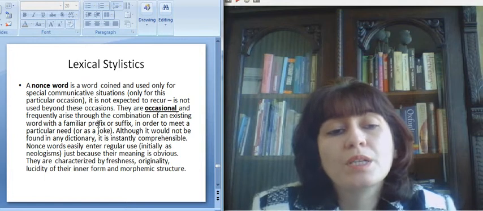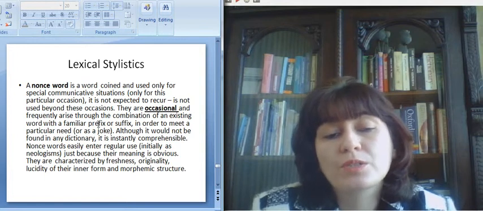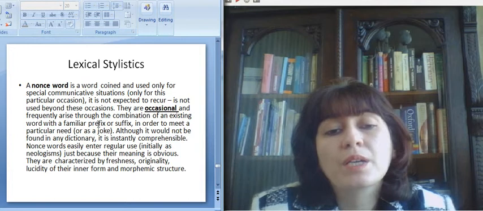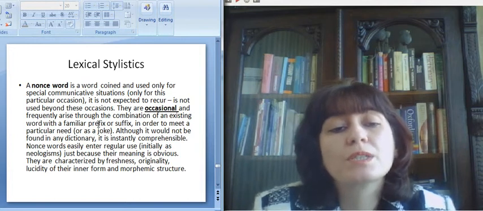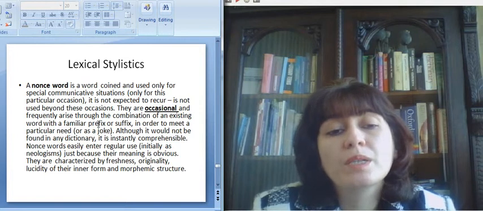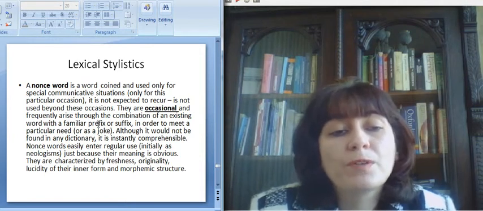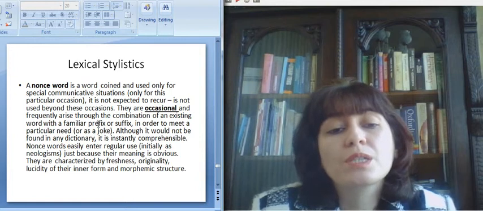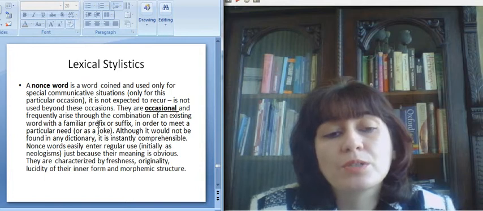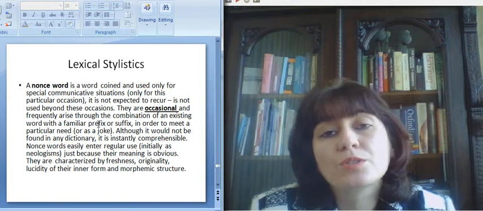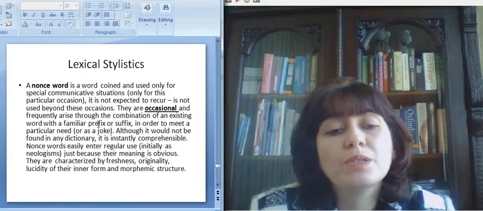And a nonce word is a word coined and used only for special communicative situations, only for this particular occasion. It is not expected to recur, and is not used beyond these occasions. They are occasional and frequently arise through the combination of an existing word with a familiar prefix or suffix in order to meet a particular need, or maybe as a joke.